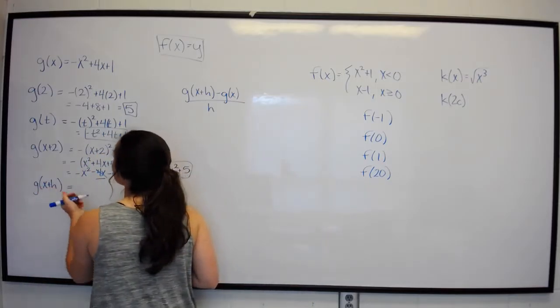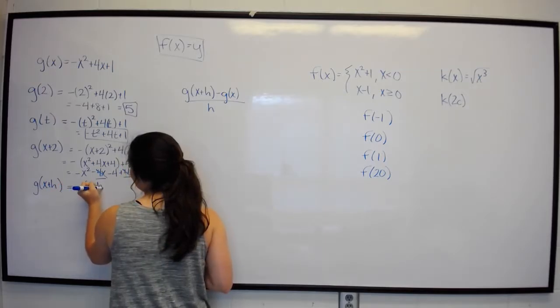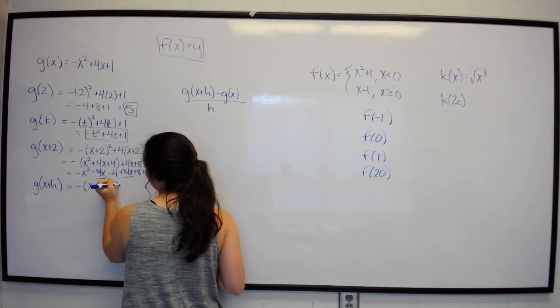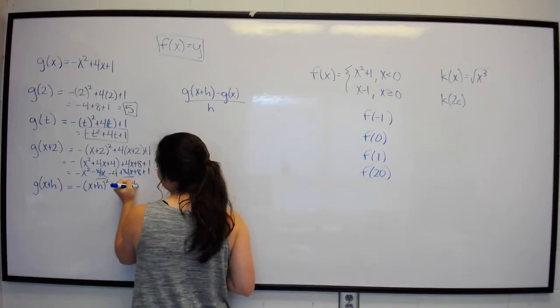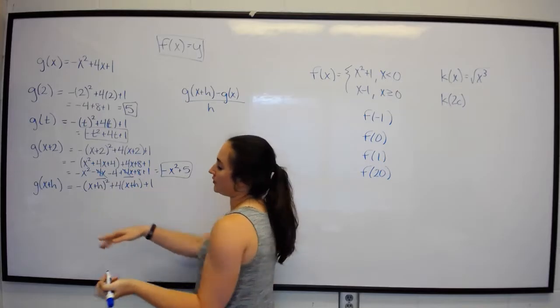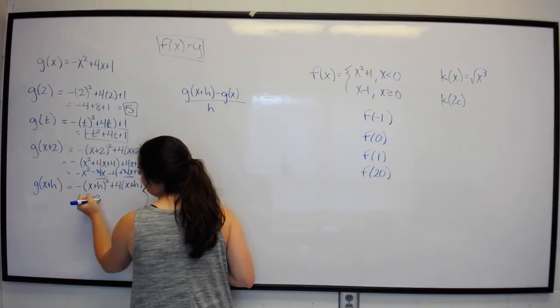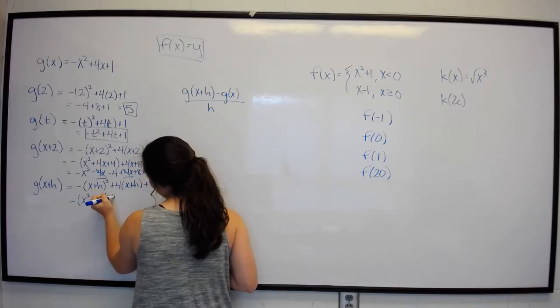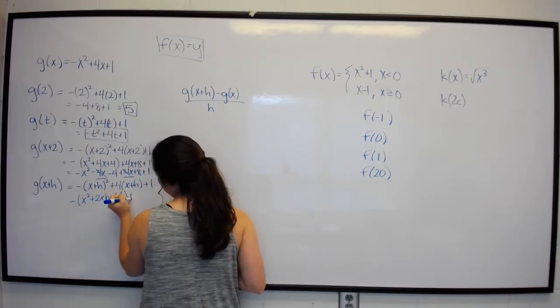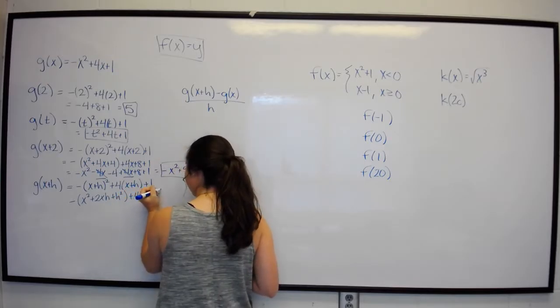Now let's plug in g of x plus h. So we'll have negative x plus h squared plus 4 times x plus h plus 1. Again, we're going to have to multiply here, so that gives us negative x squared plus 2xh plus h squared plus 4x plus 4h plus 1.